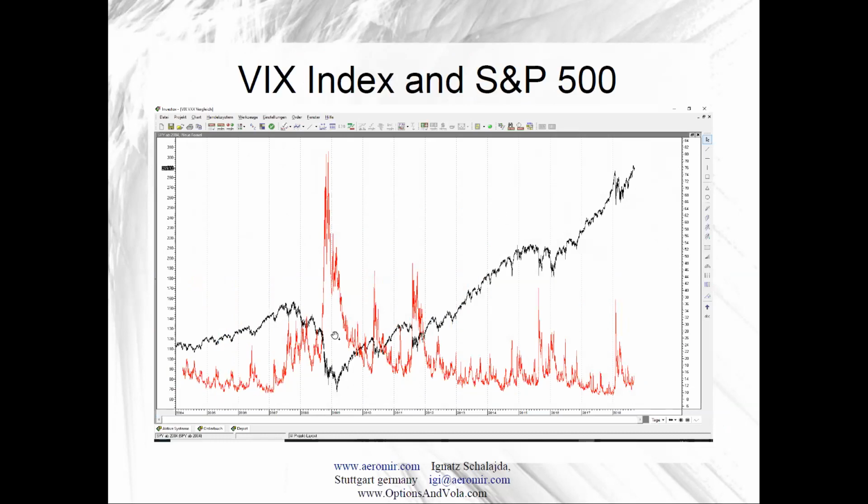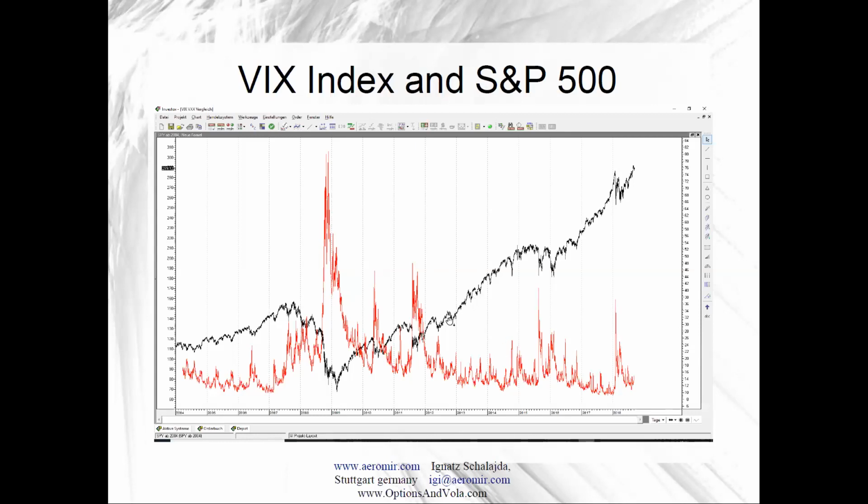This is the VIX index, the red one, and this is the S&P 500. And as you can see here, every drop to the downside has a rise to the upside in the VIX because there's a fear the market could drop down, and as long as there's fear in the market, the VIX is going up.